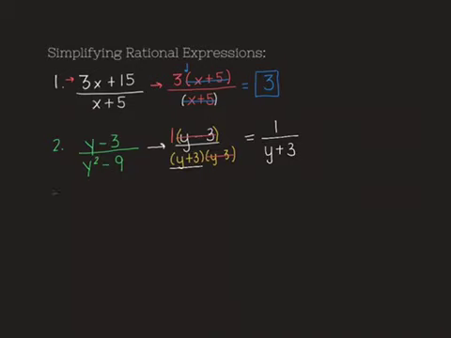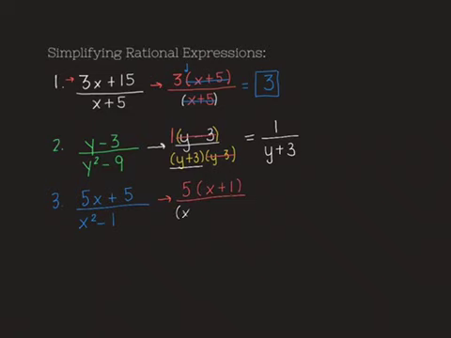Here's another one. Let's look at 5x plus 5 over x squared minus 1. So the numerator has a GCF I can factor out. Those are both divisible by 5. If I factor out a 5, that leaves me with x plus 1. My denominator is also a difference of squares like the last one.